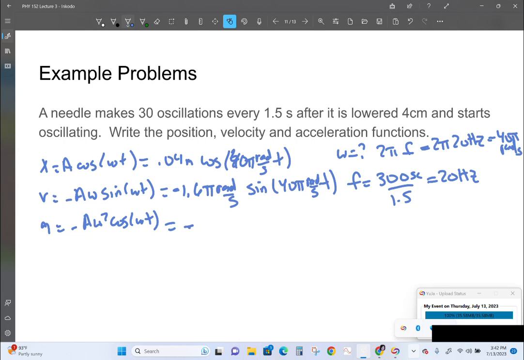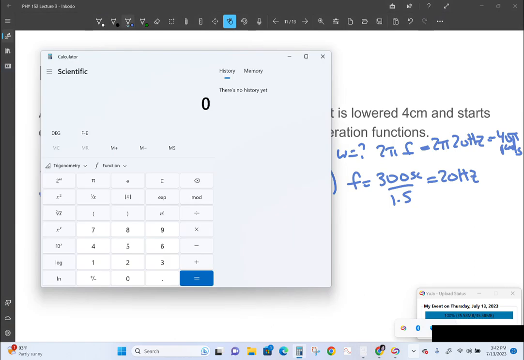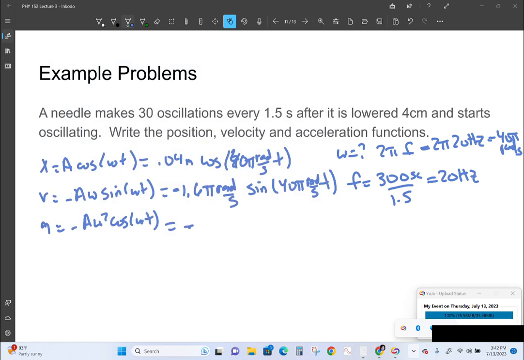And I'm going to multiply this by omega one more time, so that's going to be 1.6 times 40, 64, negative 64 pi squared radians per second squared.